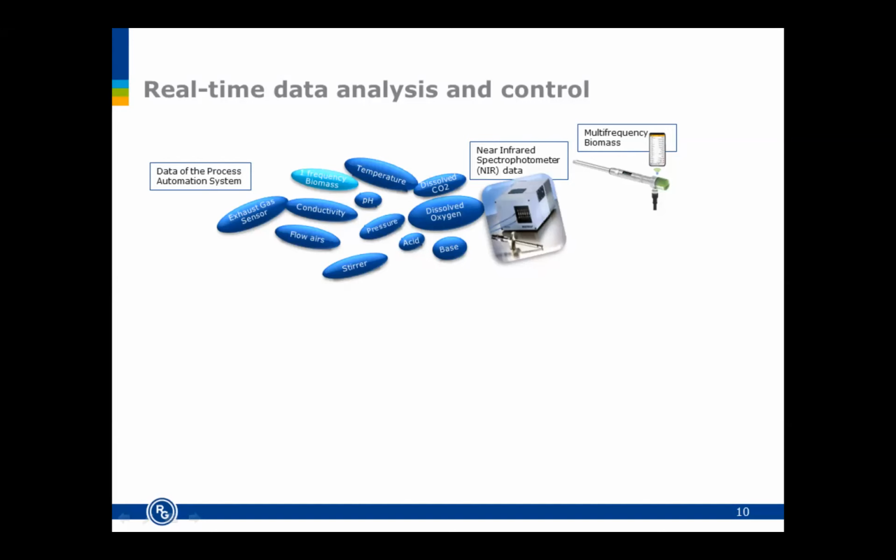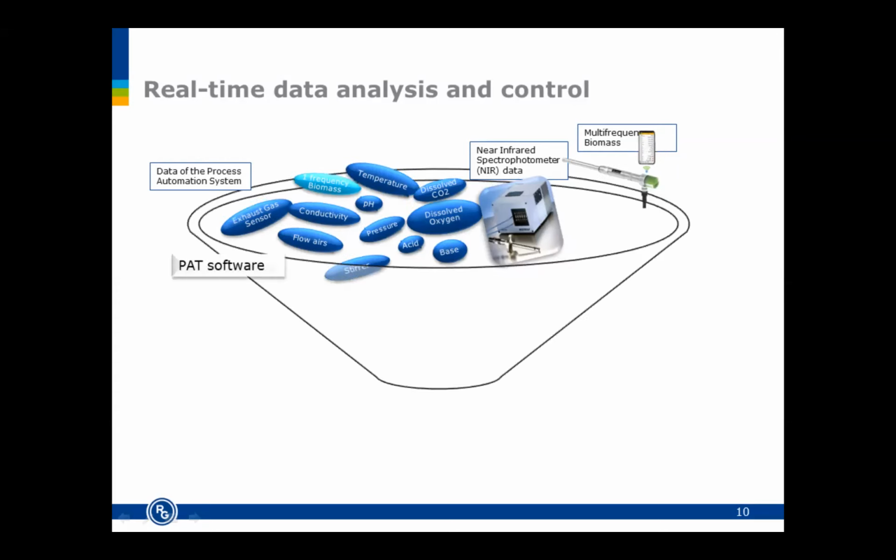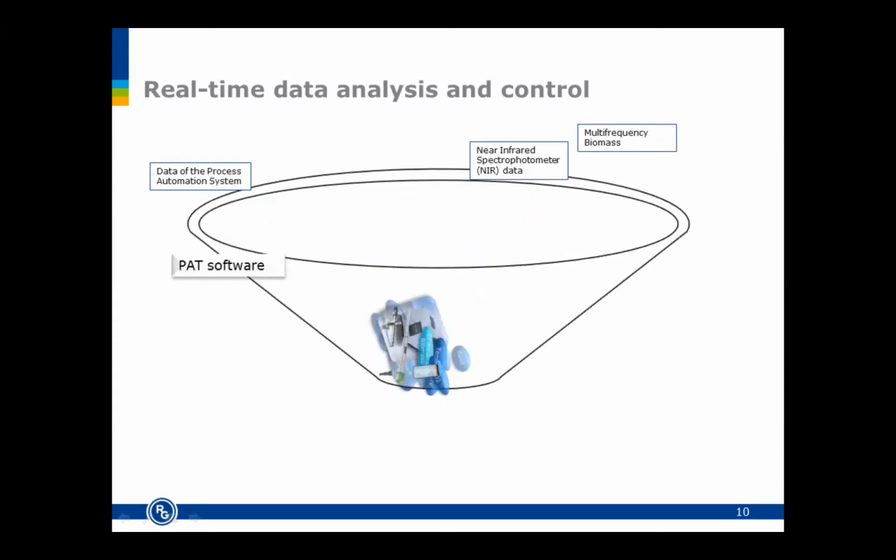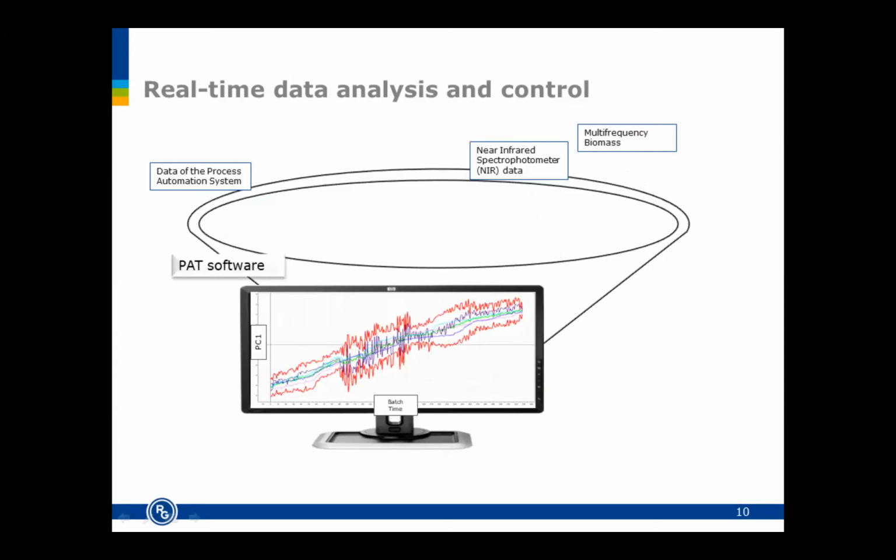I think we are lucky that we have a PAT software which offers a common interface for all of these PAT tools. So this huge amount of data can go to our PAT system, and we create models from the batches with acceptable quality, because we would like to achieve similar quality during the next fermentation.